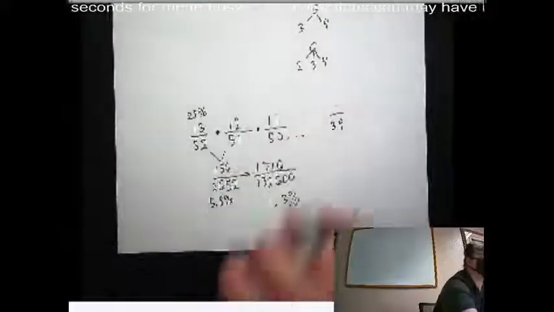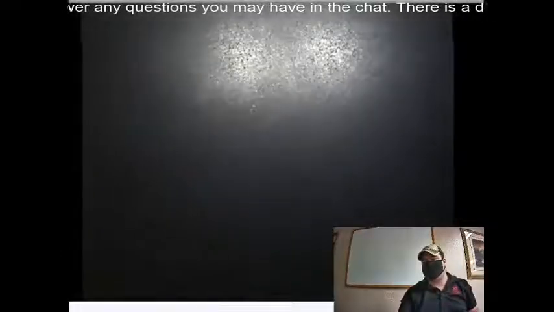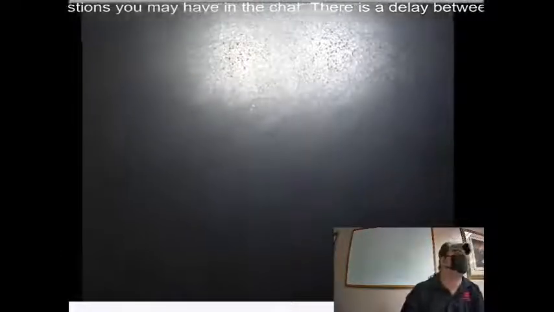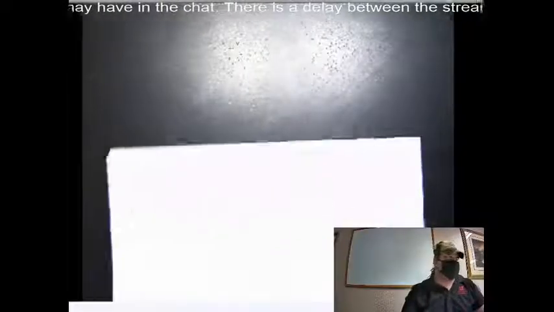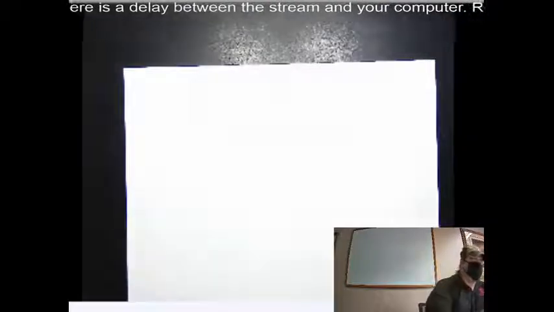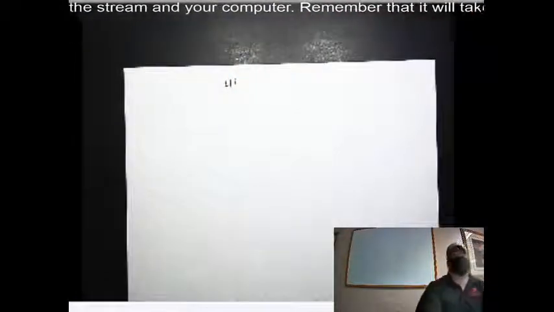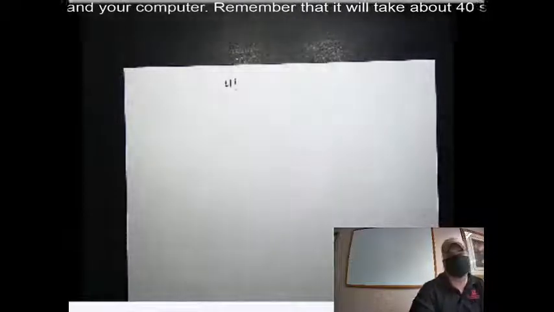There's a name for this kind of progression, and that is a factorial. So a factorial is something like 4 factorial. This exclamation mark means factorial.